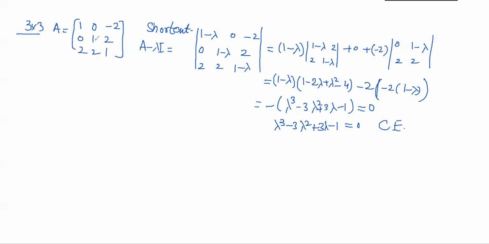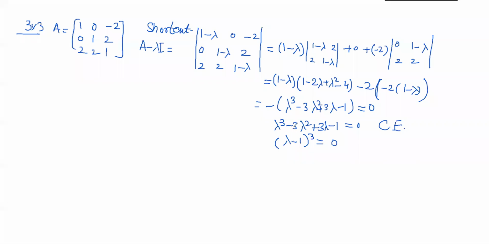In fact, in this case, the values were very cleverly selected so that we can find a nice solution for this cubic polynomial equation. It is a complete cube, lambda minus 1 cube.